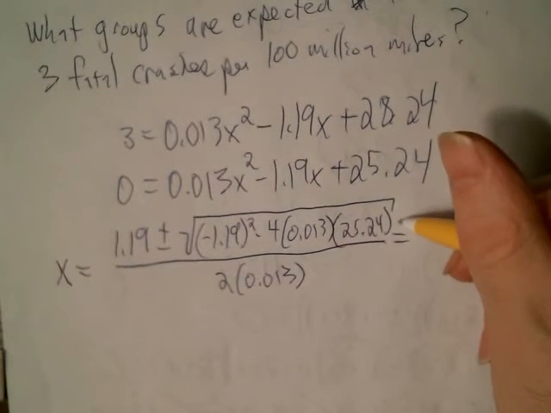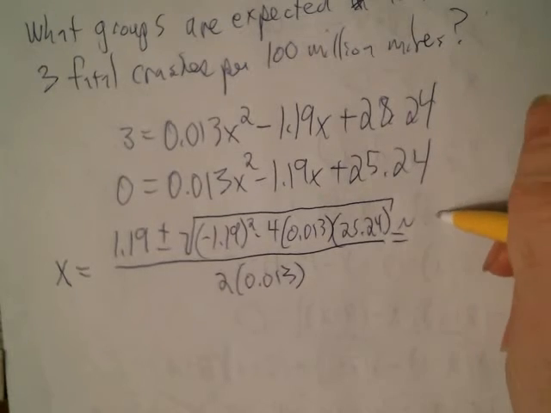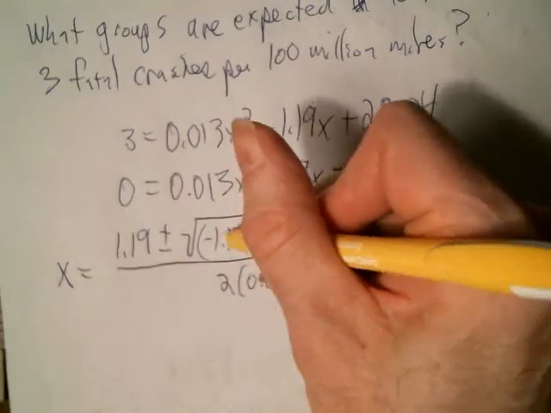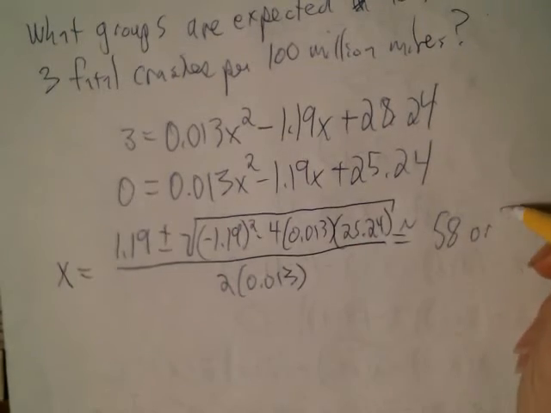After you do, you'll get approximately 58 for one answer, the plus version, and then when you do the minus version, you'll get 33.